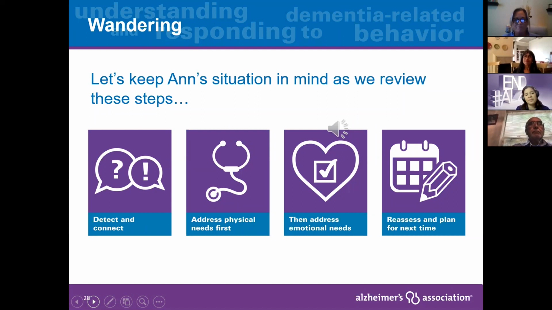So something to keep in mind when it comes to wandering is a reaction to what the need might be, specifically boredom, right? So detecting, why are they leaving the house? Well, they're bored. There's no physical needs there, other than, yes, their social isolation. Their emotional needs would be that they're in a little bit of distress, maybe a little bit anxious.